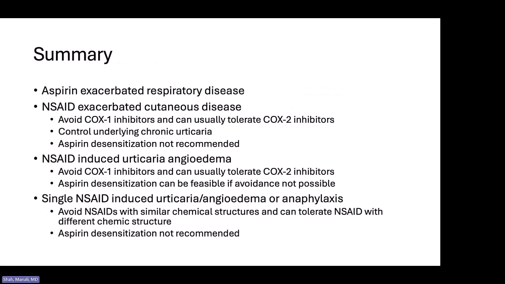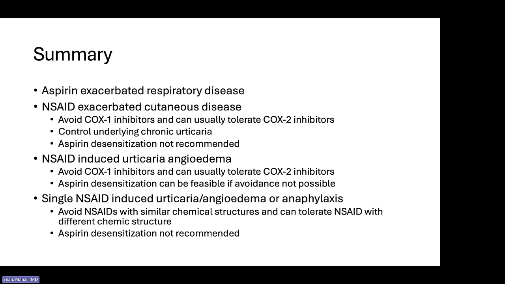So, overall summary. For aspirin-exacerbated respiratory disease, knowing the COX-1 inhibition pathway is super important, noting that PGE2 is a big player in that. For NSAID-exacerbated cutaneous disease, patients will typically be cross-reactive to all COX-1 inhibitors, can usually tolerate COX-2, and we control their underlying chronic urticaria, typically not doing aspirin desensitization.